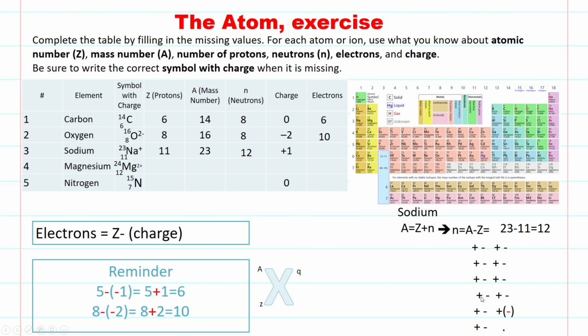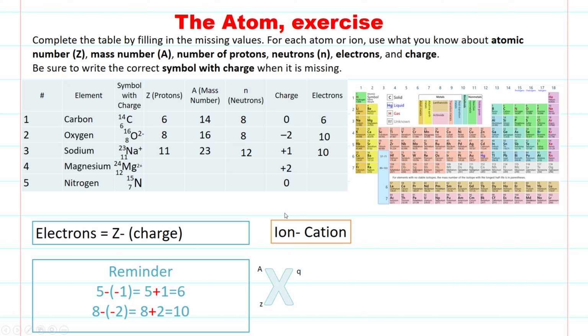And number 4, magnesium. I think it's already done for us. It shows we have Mg2+, and we have 12, and we also have 24. First, the charge equals +2, which means an ion or cation.